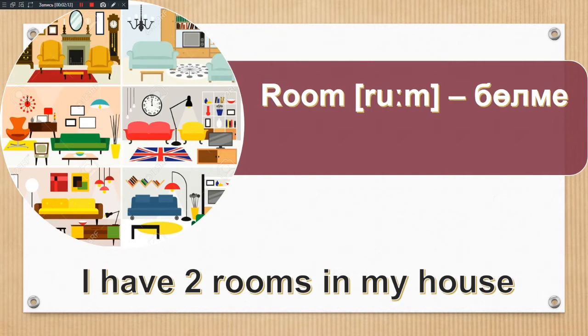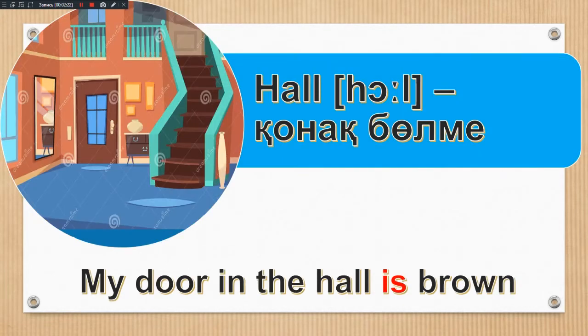I have 2 rooms in my house. Менің үйде 2 бөлме бар. Hall. Қонақ бөлме. My door in the hall is brown. Қонақ бөлмедегі есігім қоңыр түсті.